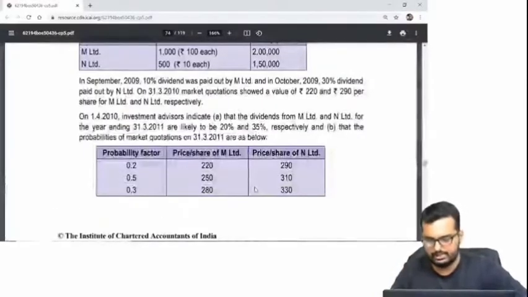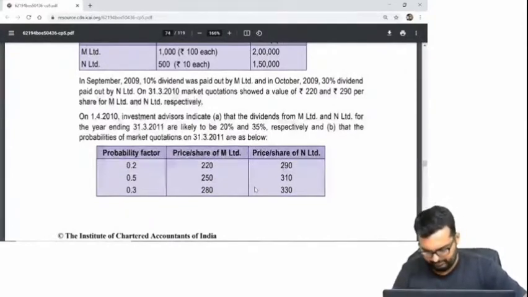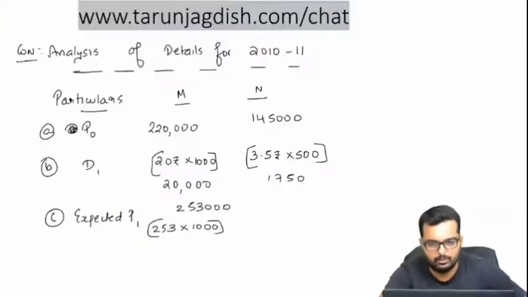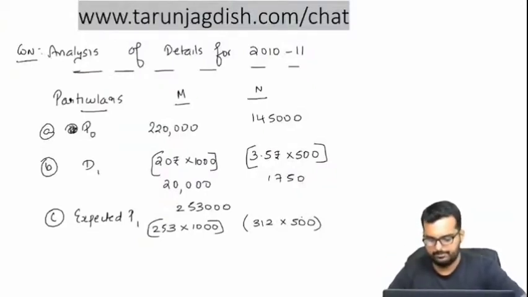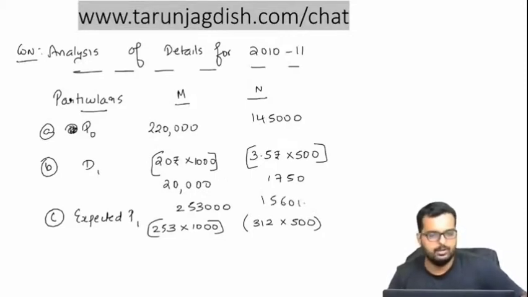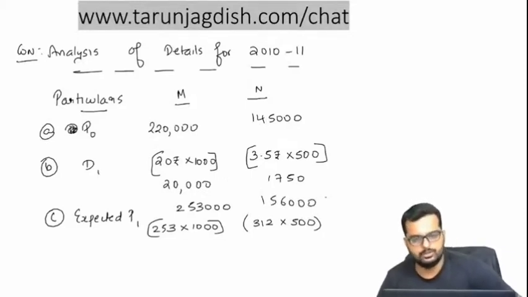It will be 290 into 0.2, 310 into 0.5, and 330 into 0.3. I'll get the answer 312. Here it will be 312 into 500. That will turn out to be 1,56,000. Can you write down this in your books, friends?